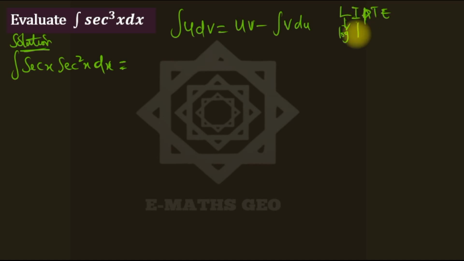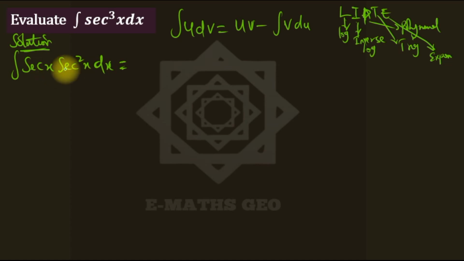I is inverse, P is polynomial, T is trigonometry, and E is exponential function.